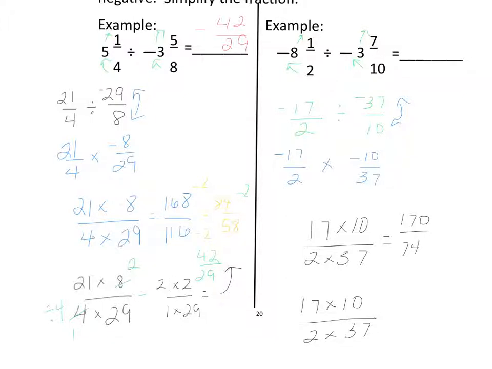We know we're going to be able to simplify by 2 because both of them are even. 170 divided by 2 is 85. 74 divided by 2 is 37. So we know the fraction part of the answer is 85 over 37.